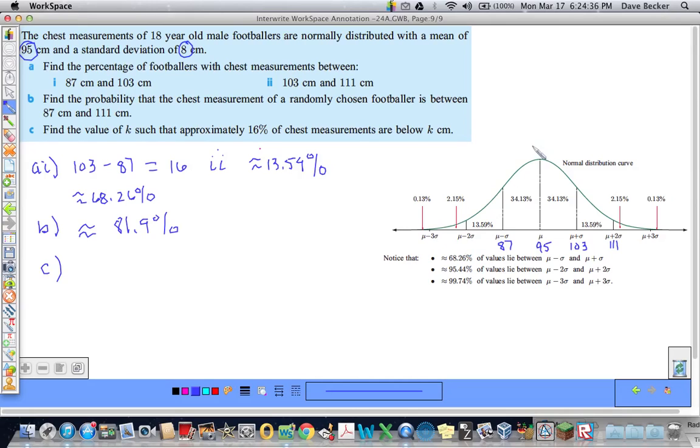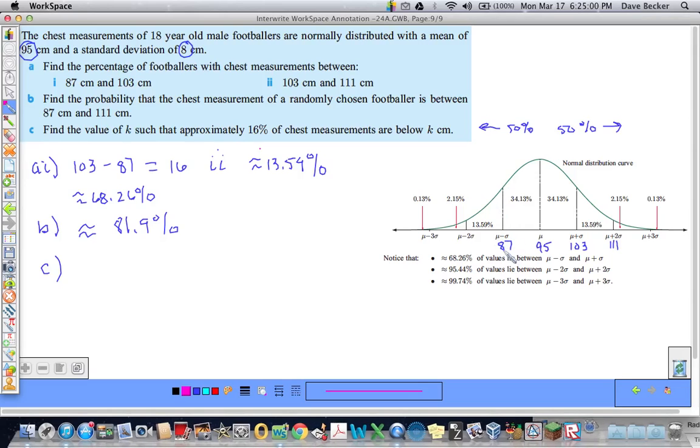So I know that 50% of my data is to the right of the mean and 50% of my data is to the left of my mean. So I know, and I have no idea yet because I haven't thought this through, but here's 13.59%, so K is somewhere in here, some value of K, right?